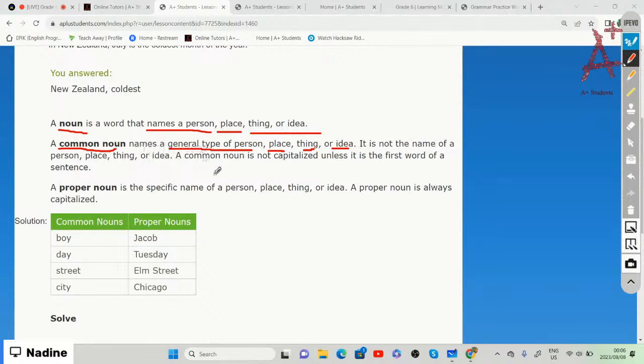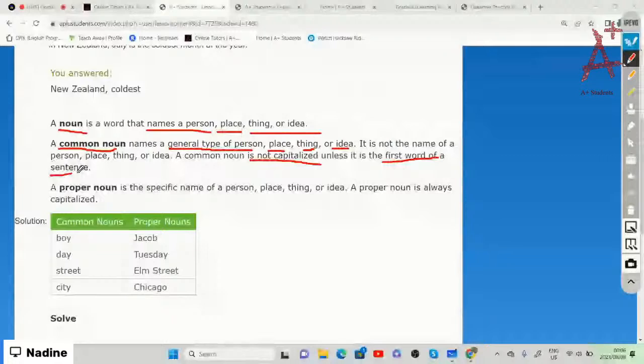And common nouns, we do not capitalize them, unless a common noun is at the beginning of a sentence, the first word of a sentence. That is the only time that we will capitalize it, because a sentence starts with a capital letter.